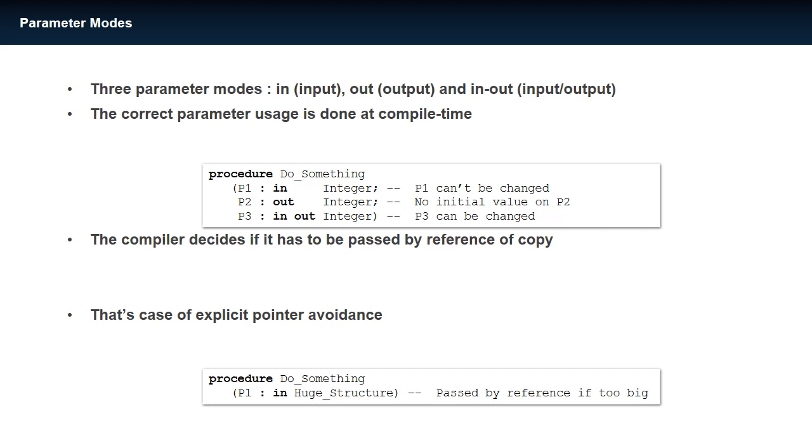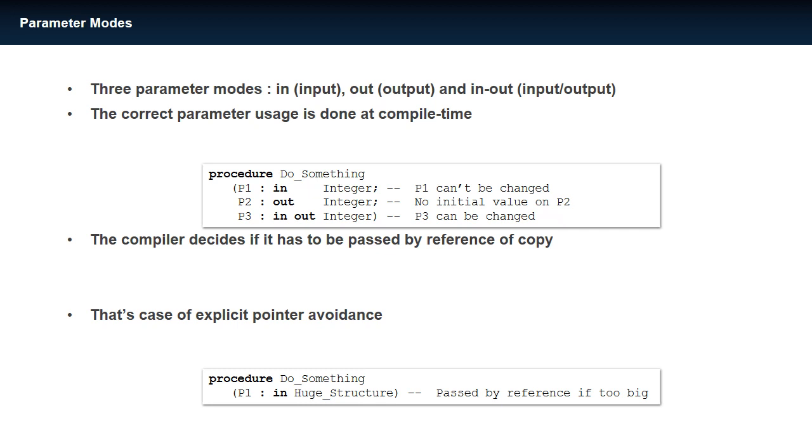In C++, the developer has to explicitly tell the compiler whether to pass a parameter by reference or by copy. This can mean that code that is efficient on one architecture is not efficient on another. Leaving it up to the compiler is safer and ensures that there is better cross-platform efficiency. And unlike C, Ada can pass parameters by reference, which minimizes the usage of pointers inside the application.